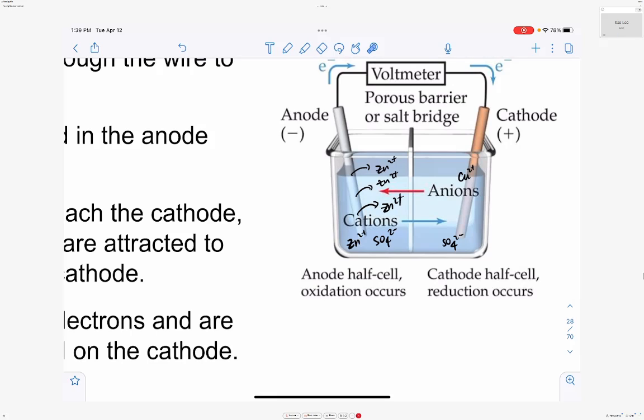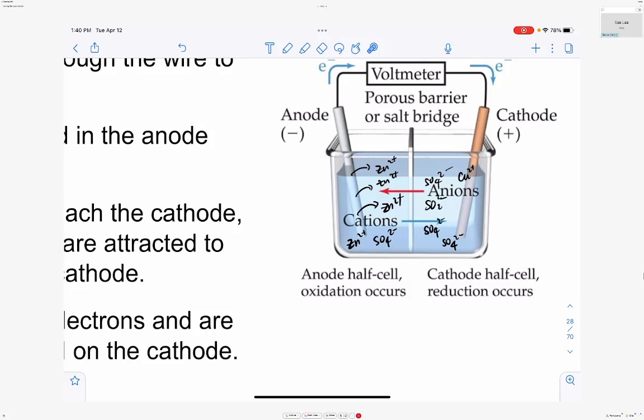So the concentration of zinc 2 plus and sulfate is shifted. We now have a lot more zinc 2 plus in the left beaker. The right half cell, due to the reduction, more and more sulfate is going to get left behind, due to copper 2 plus participating in receiving electrons, the reduction part.